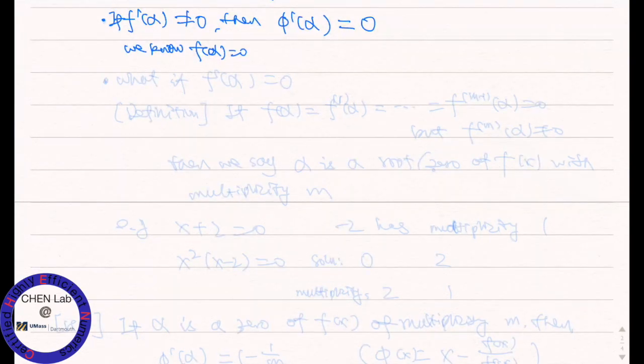And the question is, what if f prime of alpha is equal to 0? Then we have a 0 divided by 0 situation, right? Because on top f of alpha is 0, and on the bottom f prime of alpha is equal to 0.